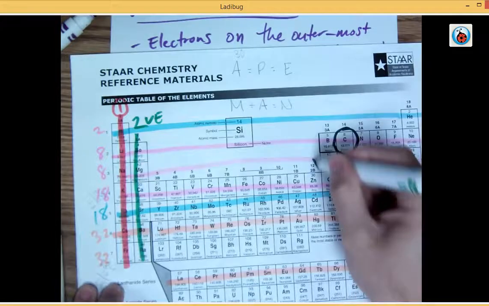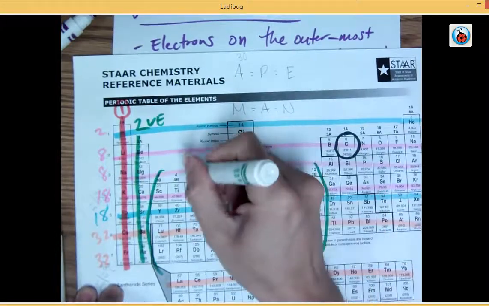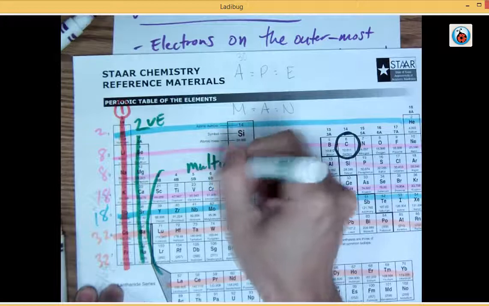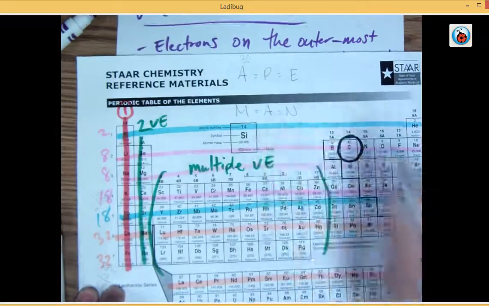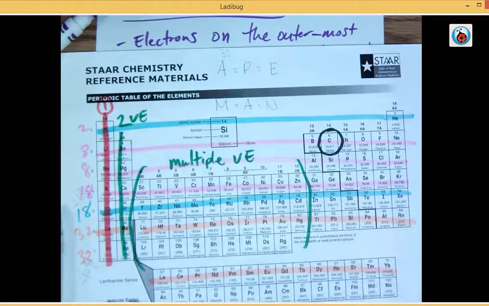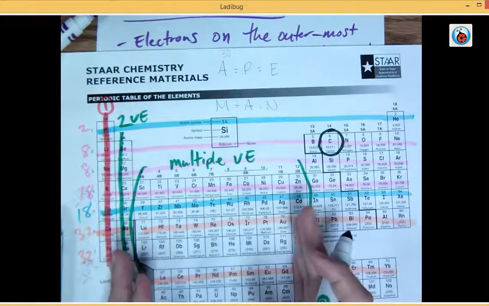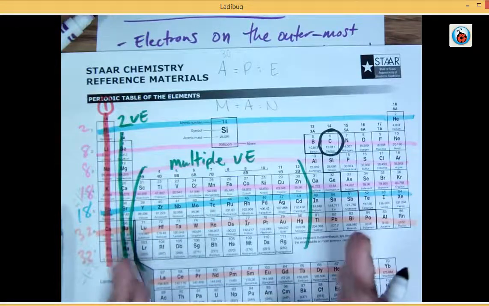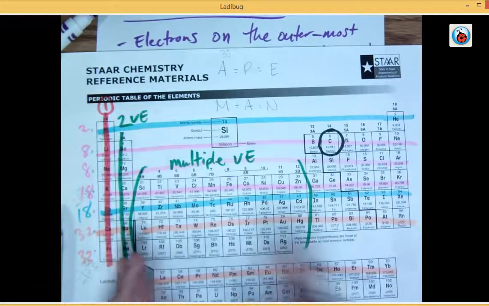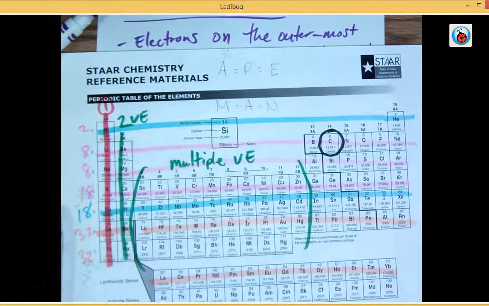The transition metals, though, have multiple valence electrons for each, so there's no specific rule for these. They're either going to be given to you, or there's a couple that are always 1 or 2, but we're going to skip over this for our purpose in this unit.